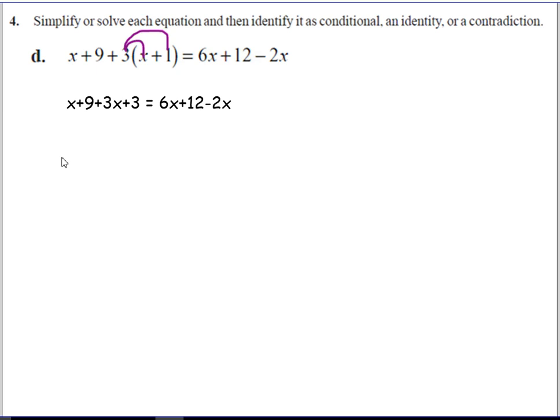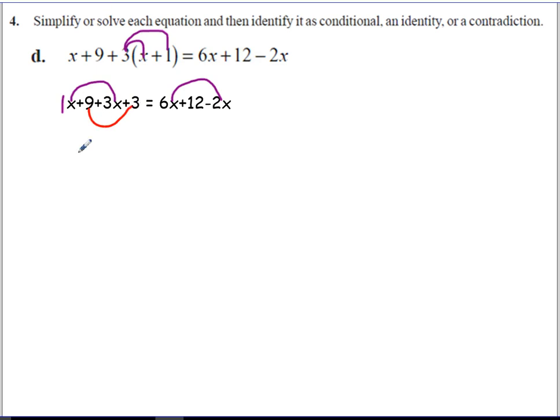So the next thing that we're going to do is combine like terms. And so we can see that we have x, which again, we know there's an invisible 1 there, so we have 1x plus 3x on that side and 6x minus 2x on this side. And then for our constants, we have 9 plus 3 on the left.